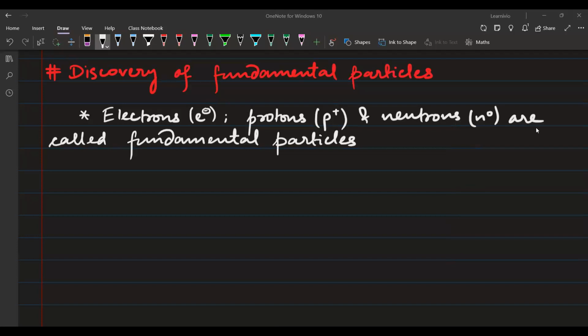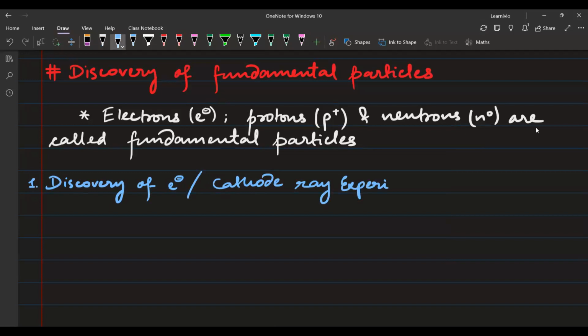Okay, first of all, we are going to look at the discovery of the electron, or the cathode ray experiment. Now, what happens in the experiment?